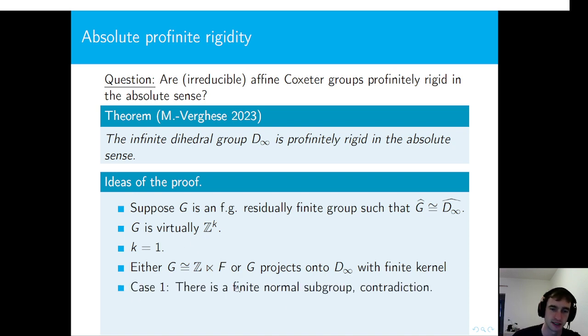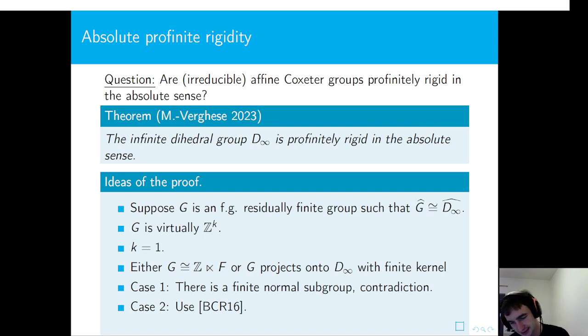In the first case, there's a finite normal subgroup, which D infinity doesn't have, but this thing has. So the profinite completion has also a finite normal subgroup, which is not trivial, of course. So this can't happen. And in the other case, there's a lot of literature. Well, there's this one paper, which I'm going to show you later. And you can see that this also gives you a contradiction. So, at least in this very basic case, this works.